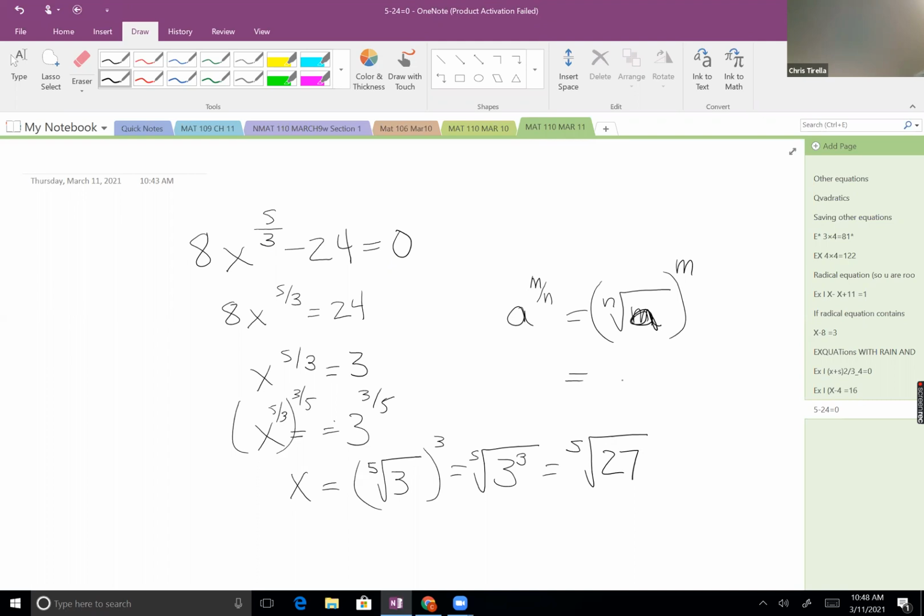And you can write it either with the exponent after you take the root or the exponent before you take the root. And over here, because 3 to the 3/5 is an irrational number, we're going to leave it in radical form. And so it's more normal with this to use that second option.